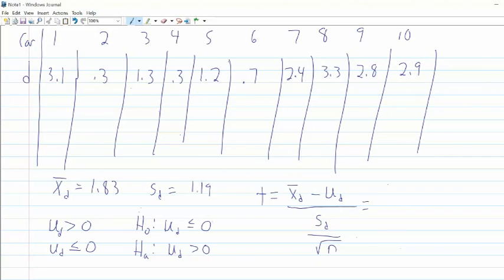Now I'm using lowercase d here, so I should probably use a lowercase s for this standard deviation. And so if we plug in our values, that's 1.83 minus 0, remember that was what was in the claim, no change, over 1.19, our standard deviation, divided by the square root of 10.